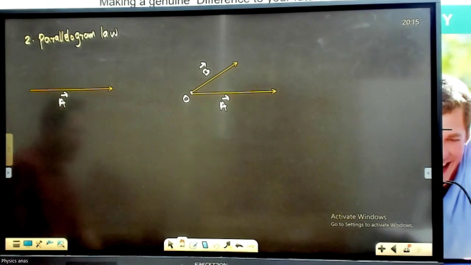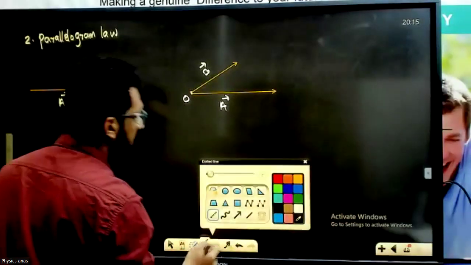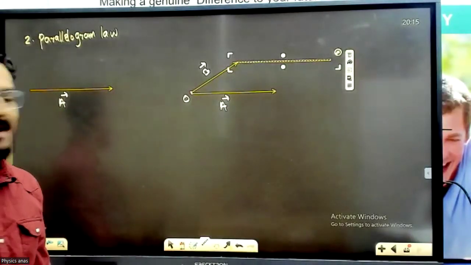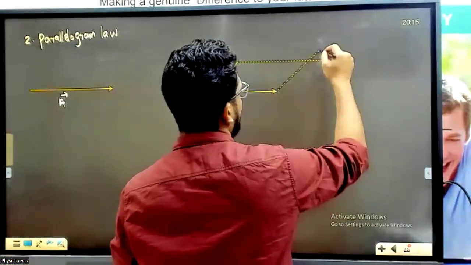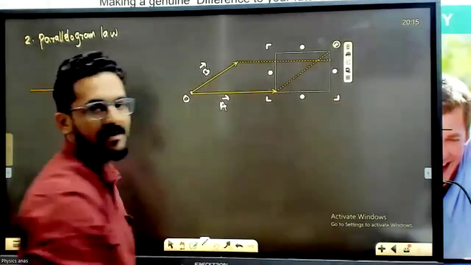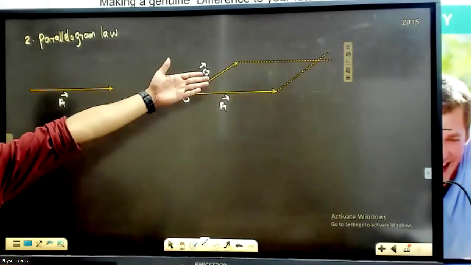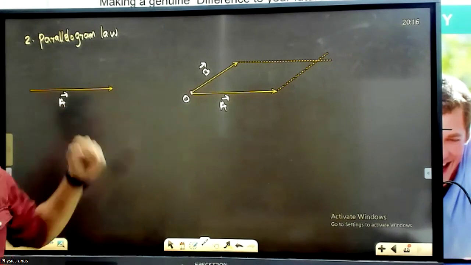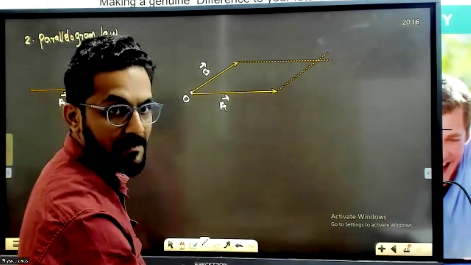Okay? And I can complete the parallelogram just like this. Draw a parallel line here and another parallel line here, parallel to B. Now it is a parallelogram, right?